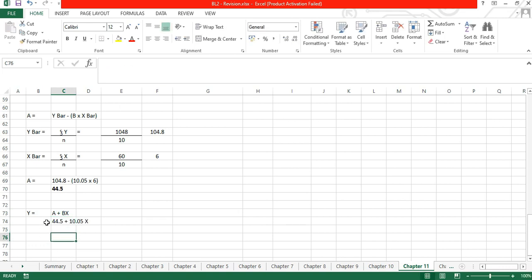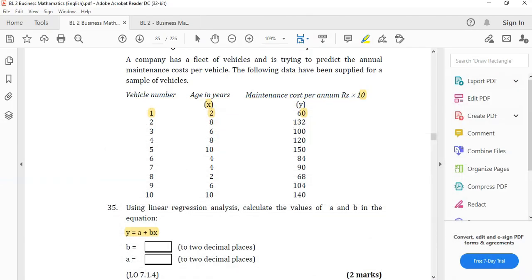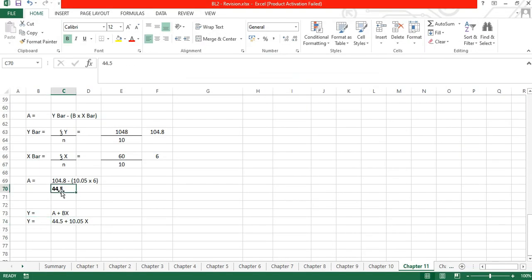You can ignore the decimals too, but anyway, if they haven't given any option, better to put in the decimals. So they have set it to 2 decimal places. So we are right. So here it should be 104.8 into 6, so it's giving 44.5.